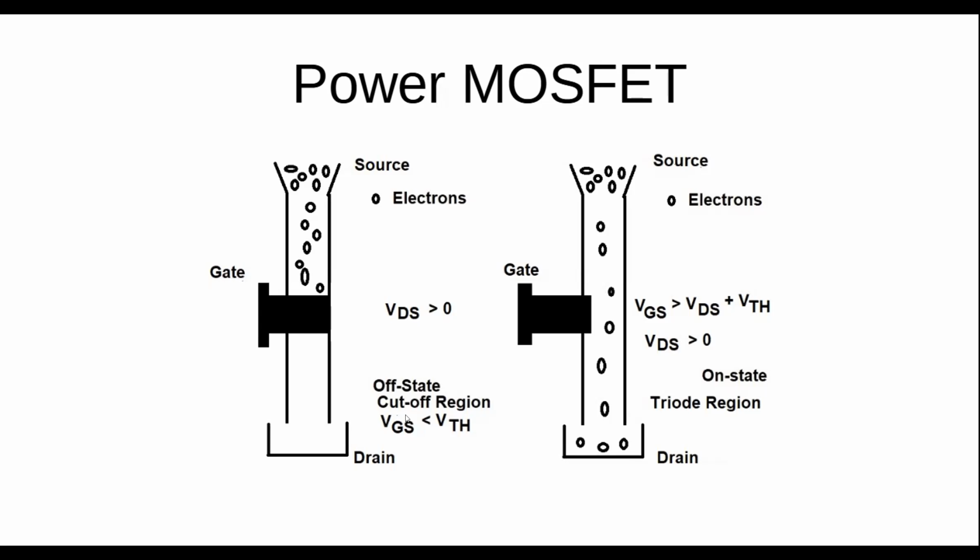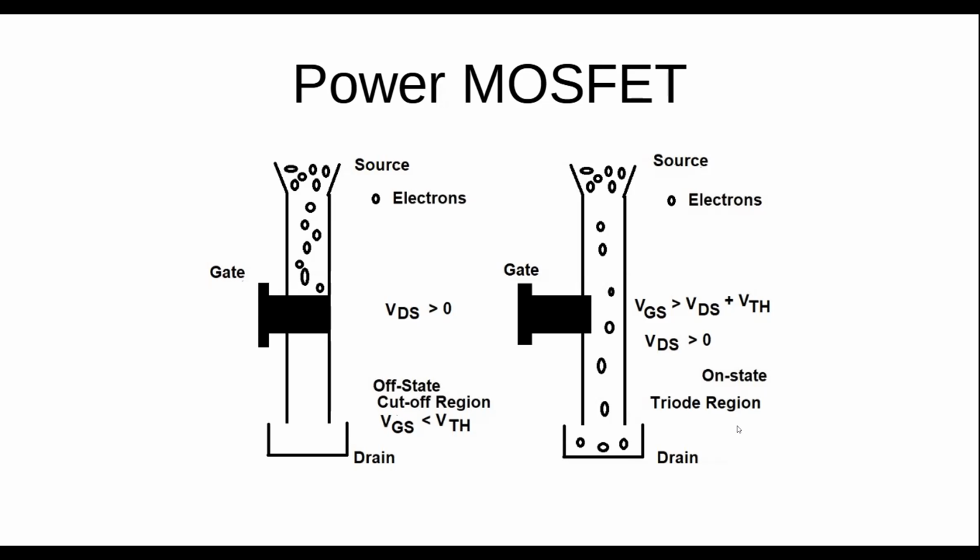As long as VGS is less than a certain positive voltage, which the manufacturer will tell you exactly, this device is going to stay off. So you won't have any current flowing from the drain to the source, or electrons from the source to the drain. This is a simple situation, the off state.